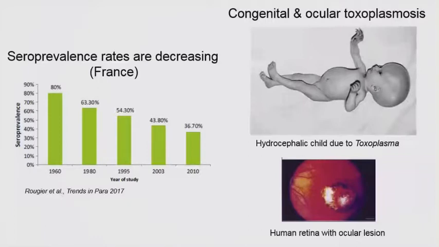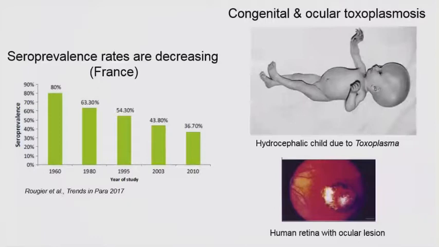Here the recommendation is that women, if they have cats in the home, shouldn't handle the cat feces, have the husband or someone else in the family deal with the cat, or adopt the cat out, and after you have the child, bring it back into the house, because it's the feces where you can really get infected from that oocyst form. In France, they actually test women throughout their pregnancy for seroconversion.